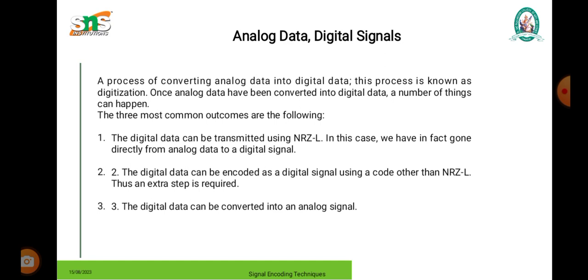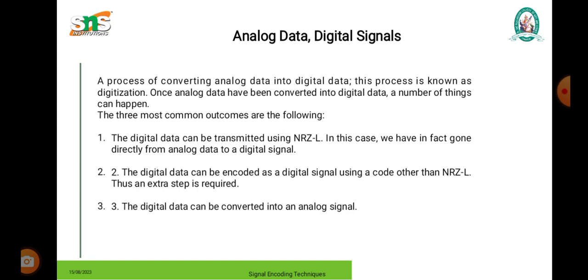Next is analog data, digital signal. The process of converting analog data into digital data is known as digitization. Once analog data have been converted into digital data, a number of things can happen. There are three common outcomes. First, the digital data can be transmitted using NRZ-L.